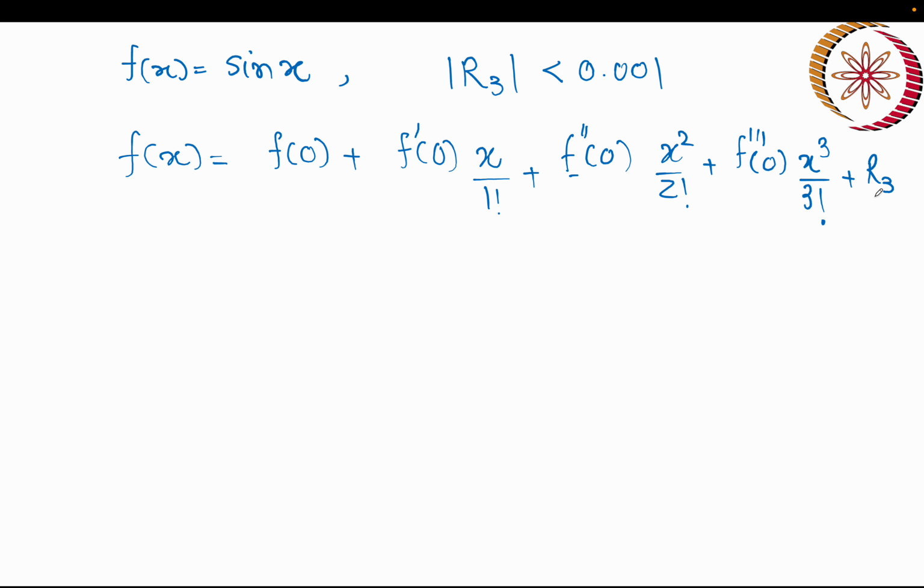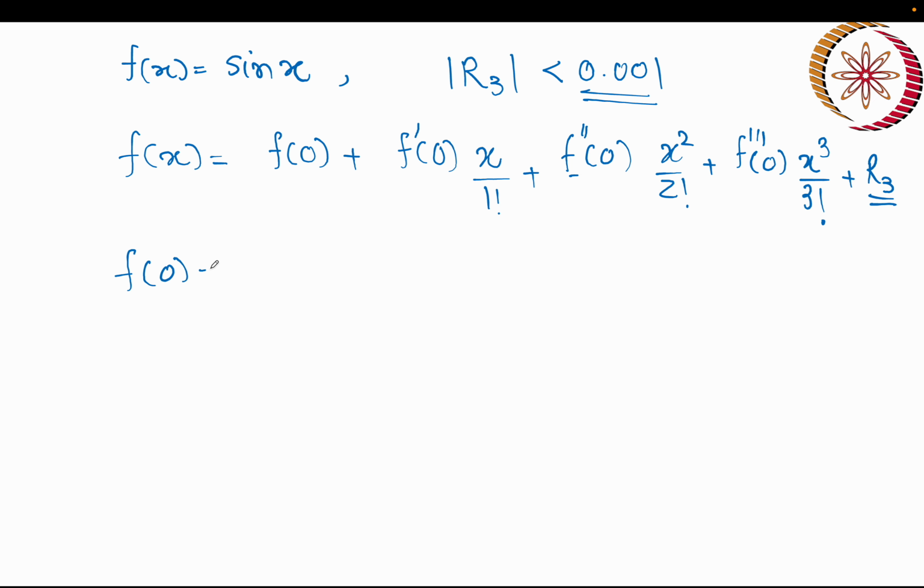So this is nothing but the residue associated. We have to constrain this residue to be less than 0.001.